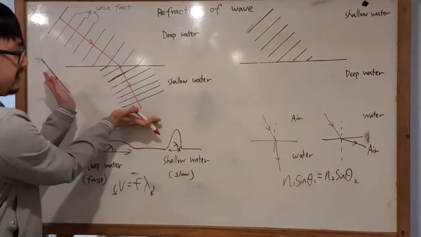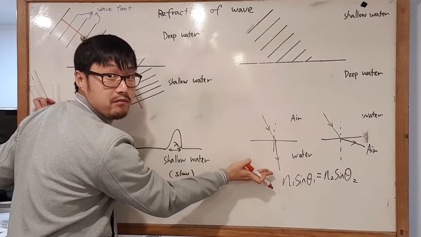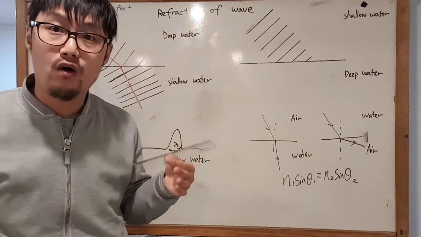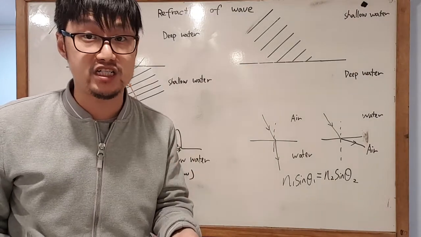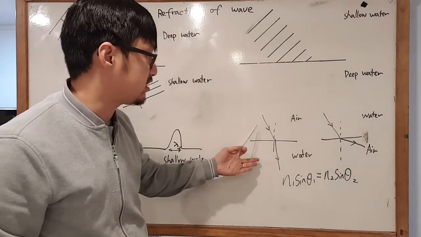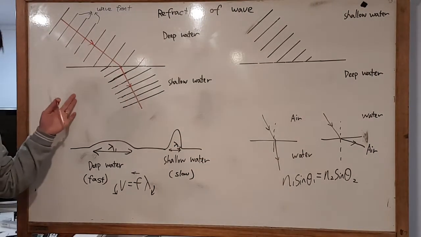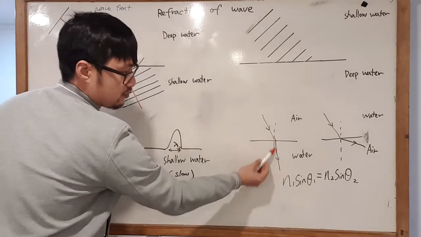And you can see this situation is exactly the same as the situation we saw in the light topic. When we did light, we asked, why does the wave change direction? It's because the speed has changed. Well, if the speed changes, why does that change the direction of the wave? So this is the reason why, okay? So it's bending towards the normal line.